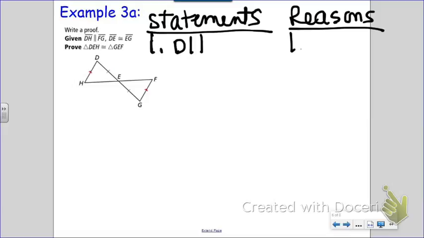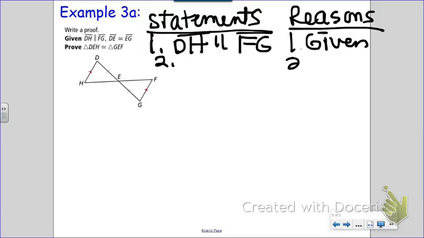In our next one, we have DH is parallel to FG, and that's given. I'm going to use angle D and angle G, and those are alternate interior angles congruent.